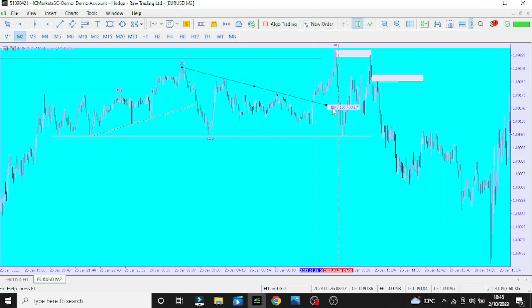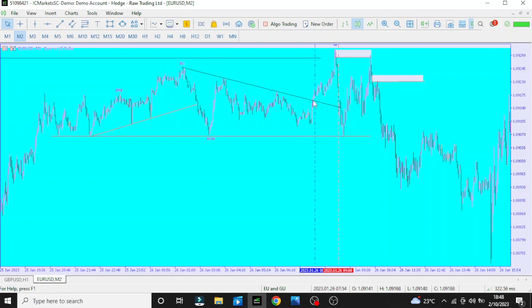After taking this liquidity, another thing I mentioned is that the most favored liquidity by institutions are trend lines. I've seen that a lot.